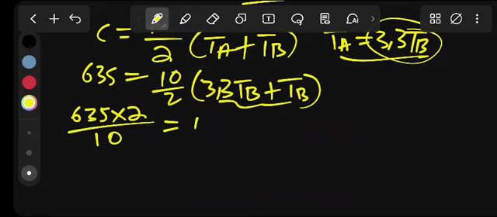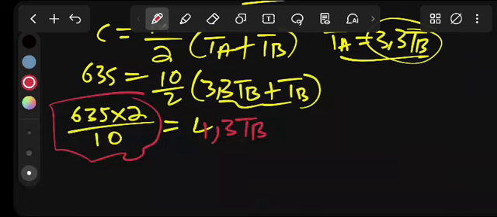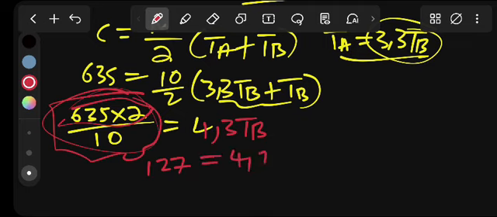These terms are the same, so we have 4.3 TP.